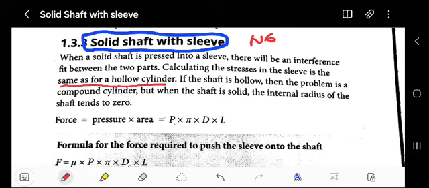The formulas don't change, is what they are trying to say. If the shaft is hollow, then the problem is a compound cylinder. We'll discuss this.